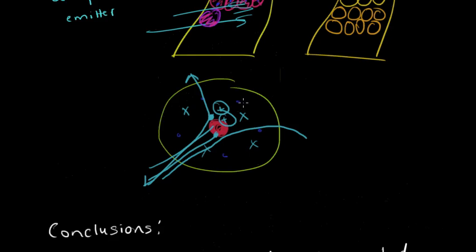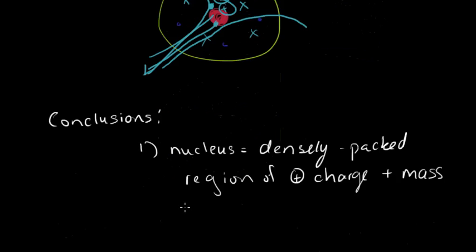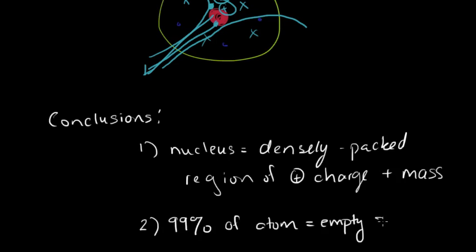Also, if we look at this model of the atom, most of it is nothing. There's really not a lot there. And so we'll say 99% of the atom is empty space. And that was one of the real shocking results of Rutherford's experiment. How could the wood I'm hitting right now, how can the computer I'm looking at right now be 99% empty space?